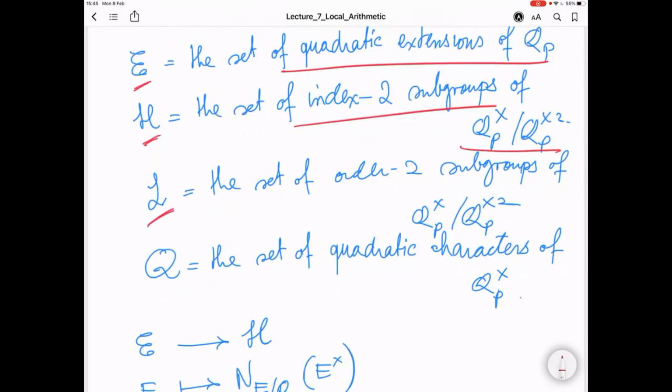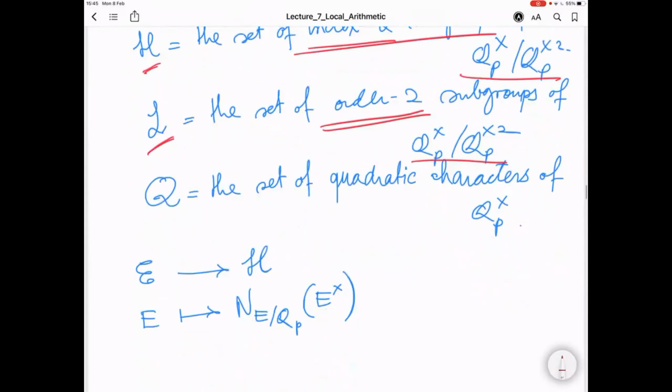The third set L is the set of order 2 subgroups of the same group. These are subgroups of index 2 here and order 2 here. And finally, the fourth set Q is the set of all quadratic characters of Q_p star.